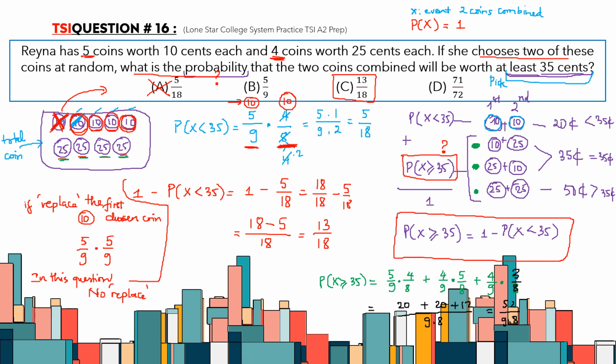You can divide 52 and the bottom by 4. So we have 13 over 9 times 2. That's 13 over 18. You can do that as method number 2. This is method number 1. Either way, you will have exactly the same answer, 13 over 18.